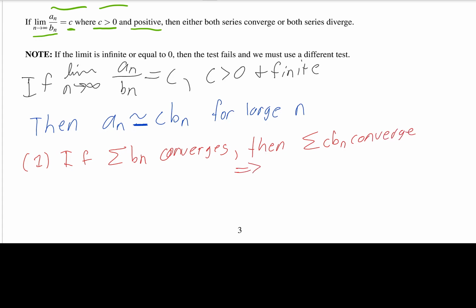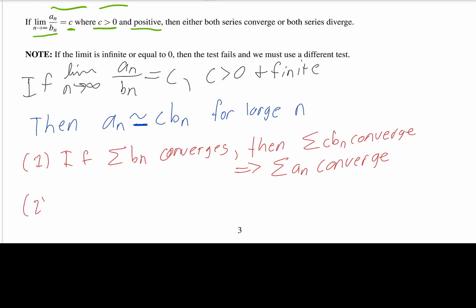Which means that the sum of a sub n will also have to converge, because these are approximately equal to the same thing.